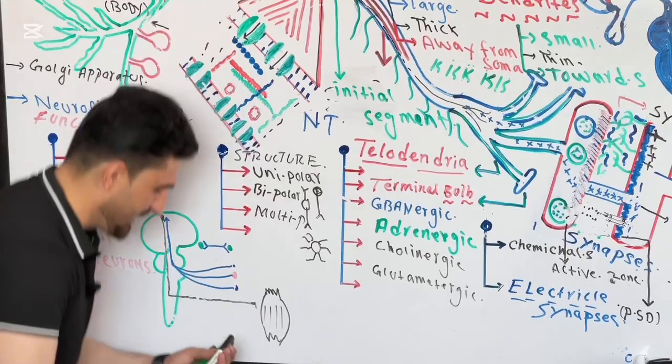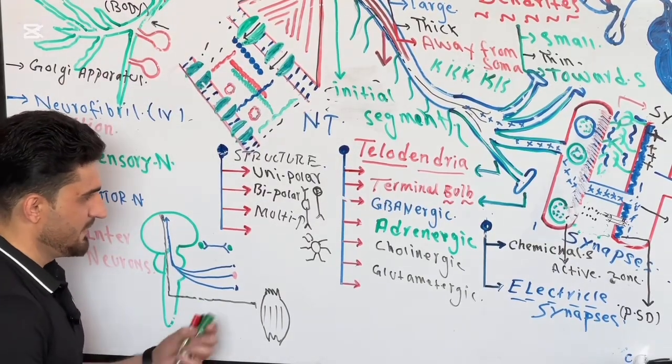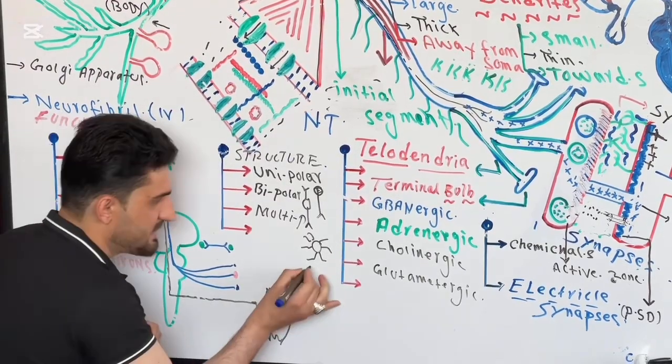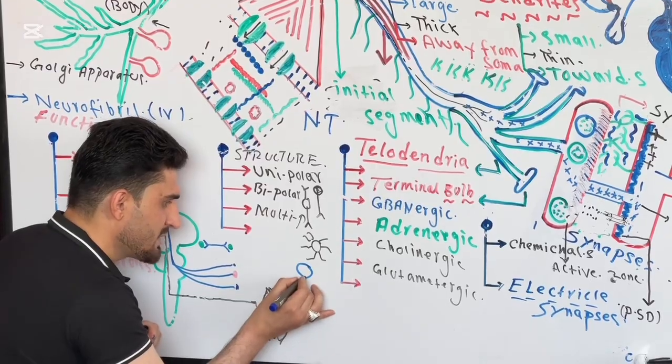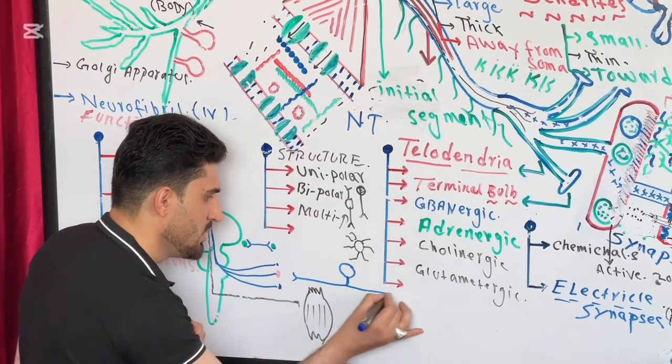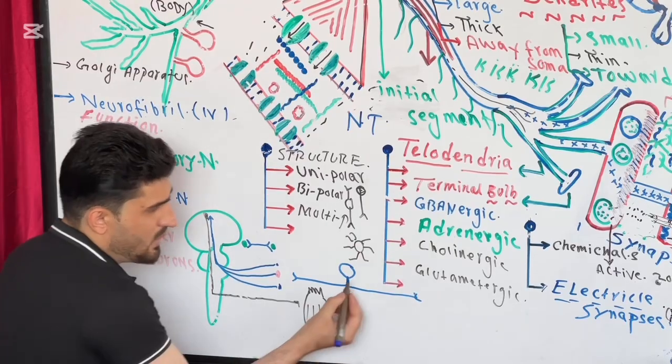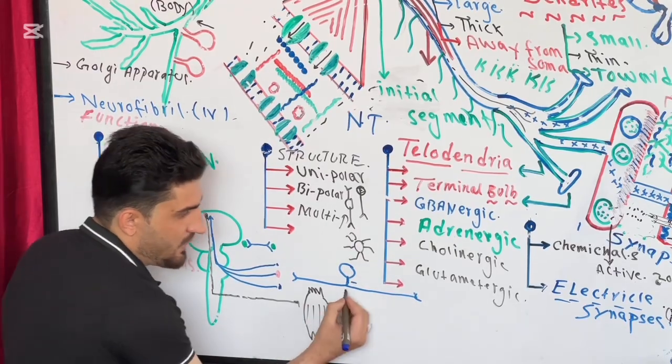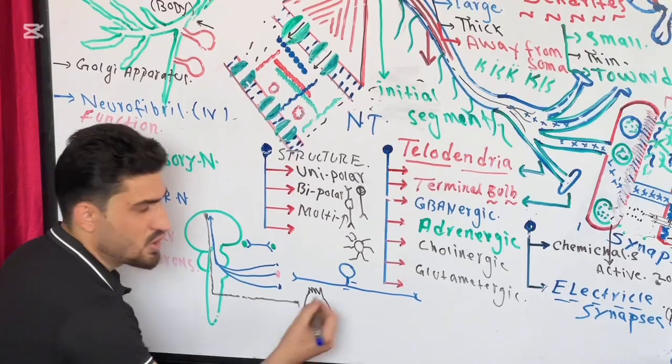There is another, very interesting type of neuron. It gives one branch first, then it divides into two branches. So actually they are unipolar, but then they divide into two branches.